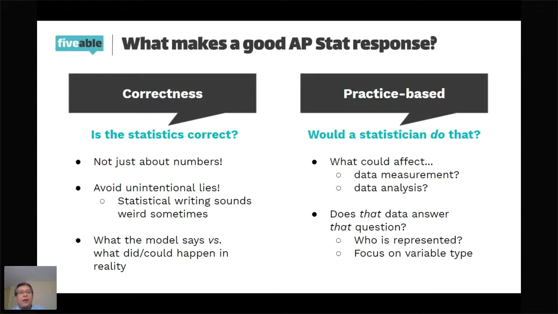So just to give you an example of what I mean by writing responses to this kind of question, I want to look at some of the parts of question 6, last year's released question 6. Also, there are some really good fun statistics in this particular example as well. So let's briefly take a look at that.